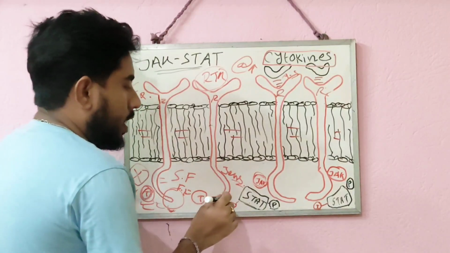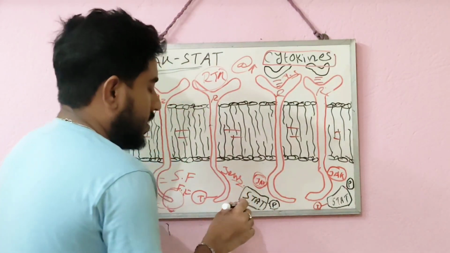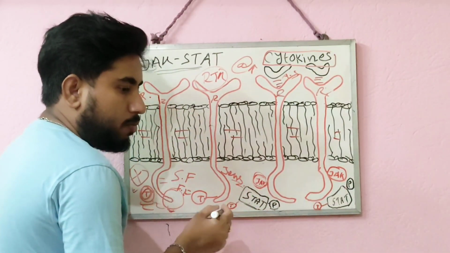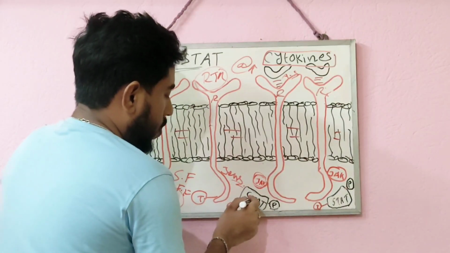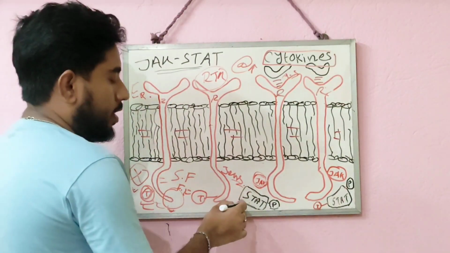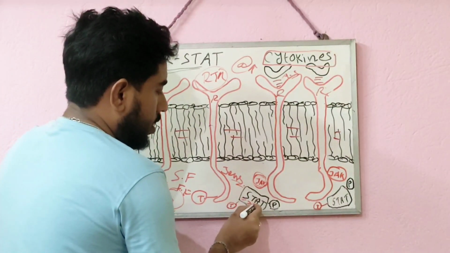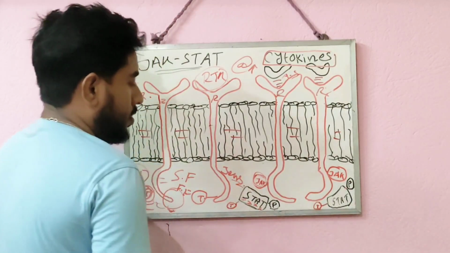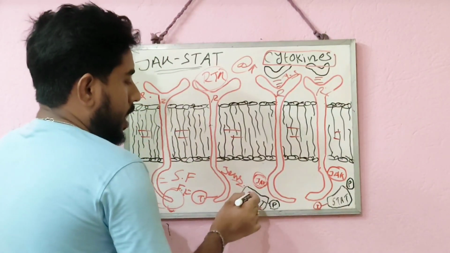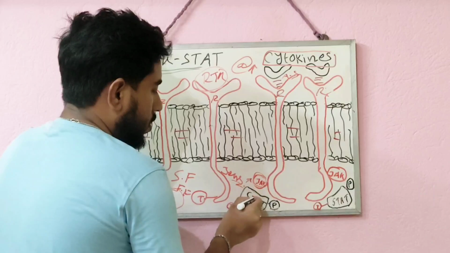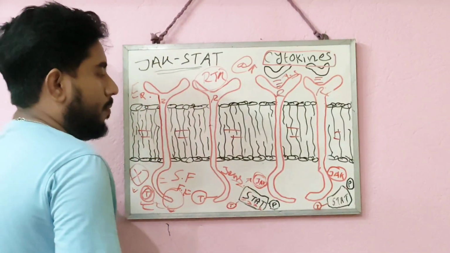So to bind with Jak, a different type of protein will come. That protein is called STAT. What is the full form of STAT? STAT means signal transduction and activation of transcription. That protein will come, bind with Jak, and form a complex.